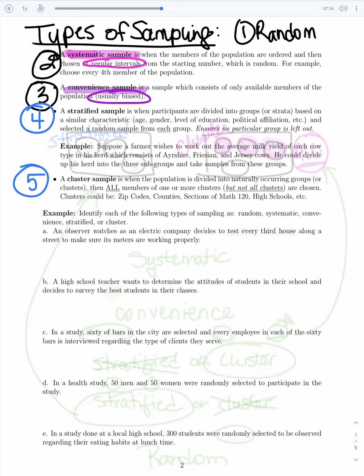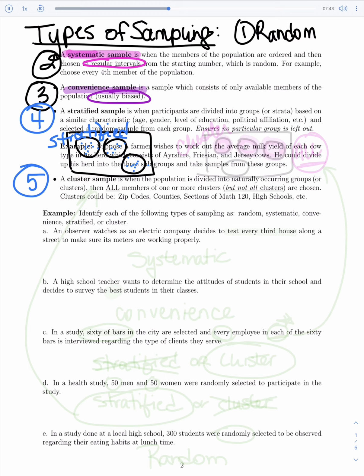The idea with stratified is that your population is broken up into groups and you randomly select some people from each of your groups. You're randomly selecting people from each of your groups.